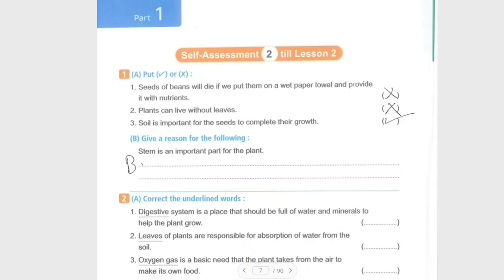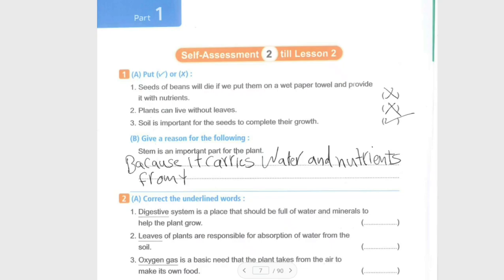Because it carries water and minerals or nutrients from the root to the other part of the plant, which is the leaves.